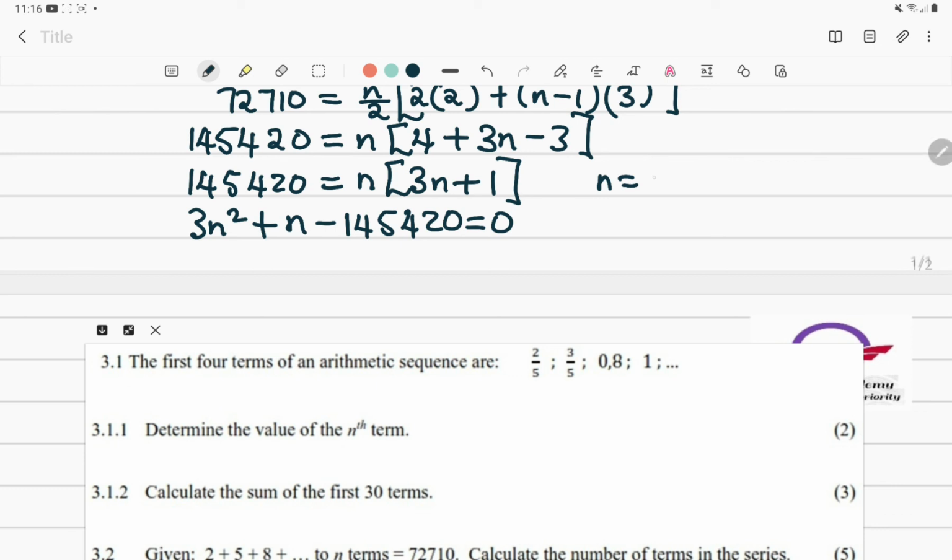Then we have n as 220, or n as negative something. So n will never be negative. We'll have to discard it there. Then n becomes 220.